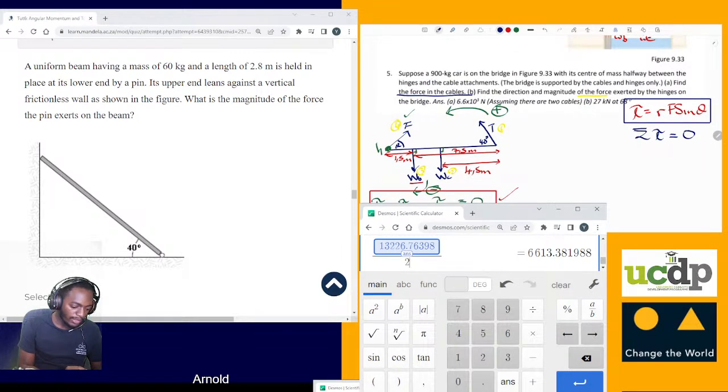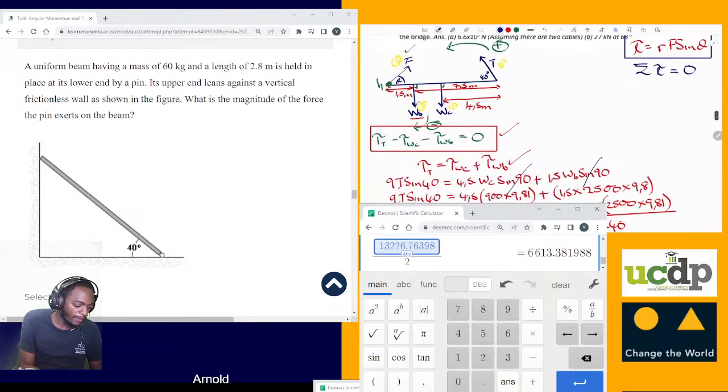The direction and magnitude of the force exerted by the hinges on the bridge. So now we're looking for force F, the one that we've labeled as F. Okay, we want its magnitude and we also want its direction.